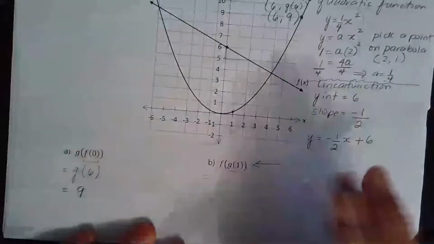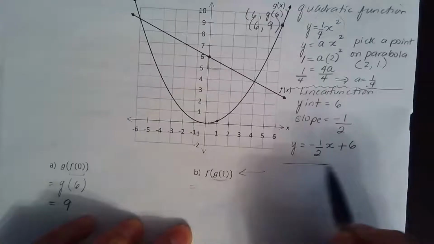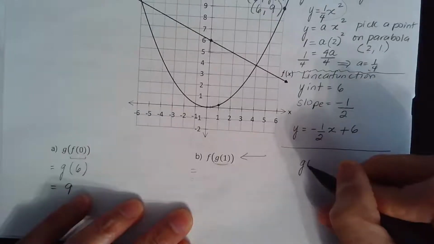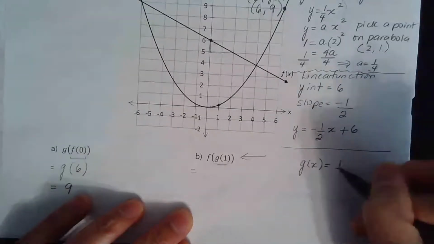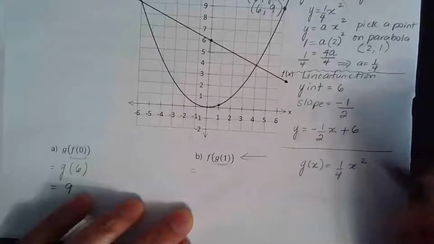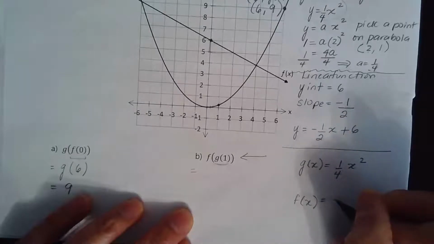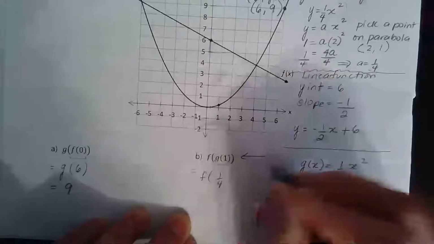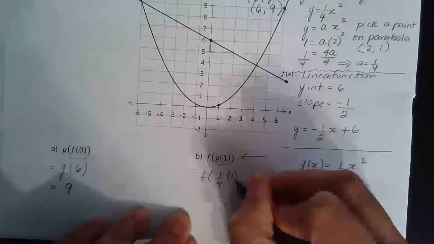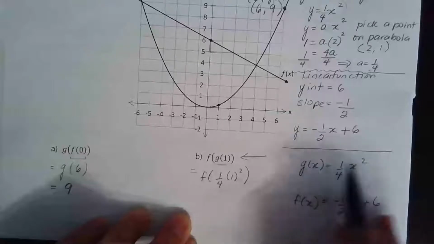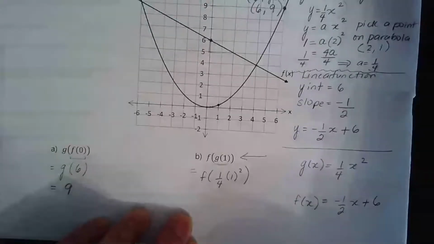Now that we have that information, what's g of 1? The function g of x equals 1/4 x squared, and I'm going to put in 1 wherever I find the x. So it's 1/4 times 1 squared.